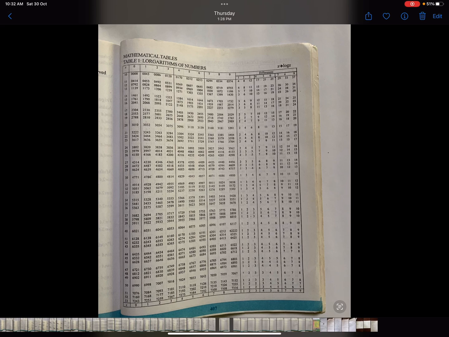What is this thing called again? Under 3. Under 3. 49 under 3 will be 0.6928. Then we add it together. That means 17.2 squared times 4.93 will now be the addition. 17.2 squared times 4.